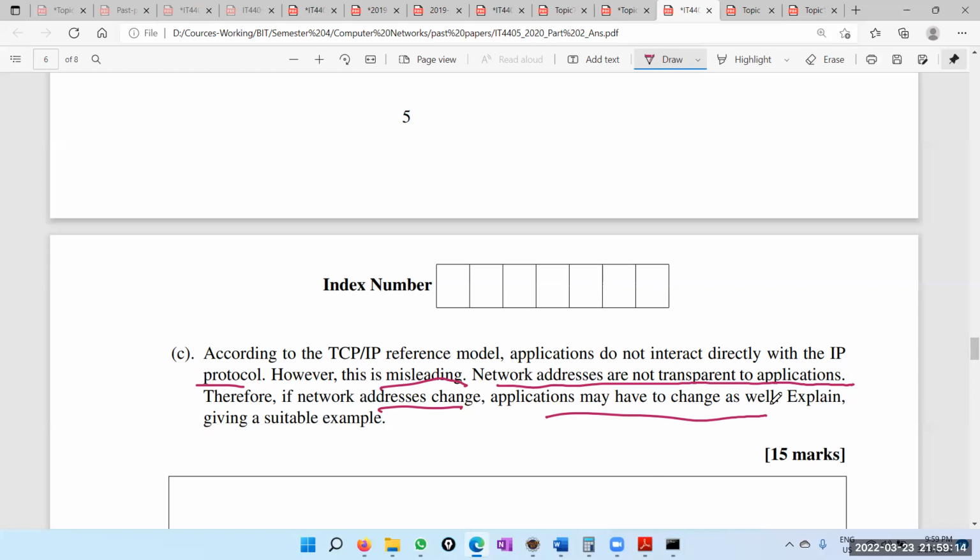Yes. If you are referring to the IP address, yes. For example, if it is socket programming, and you are referring to the IP address and the TCP or UDP port, if the other side changes the IP address, you have to change yours. But there's a solution for that.